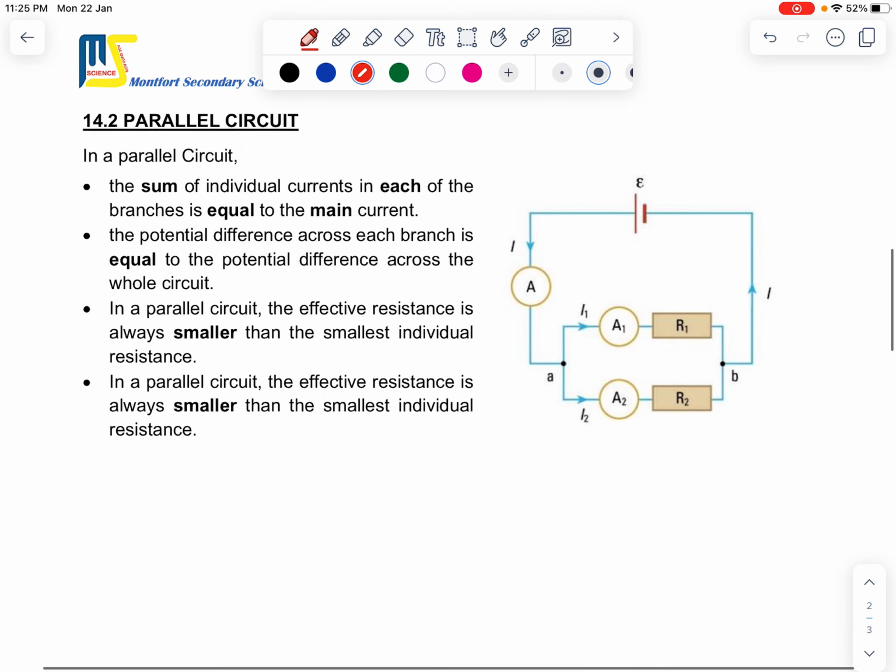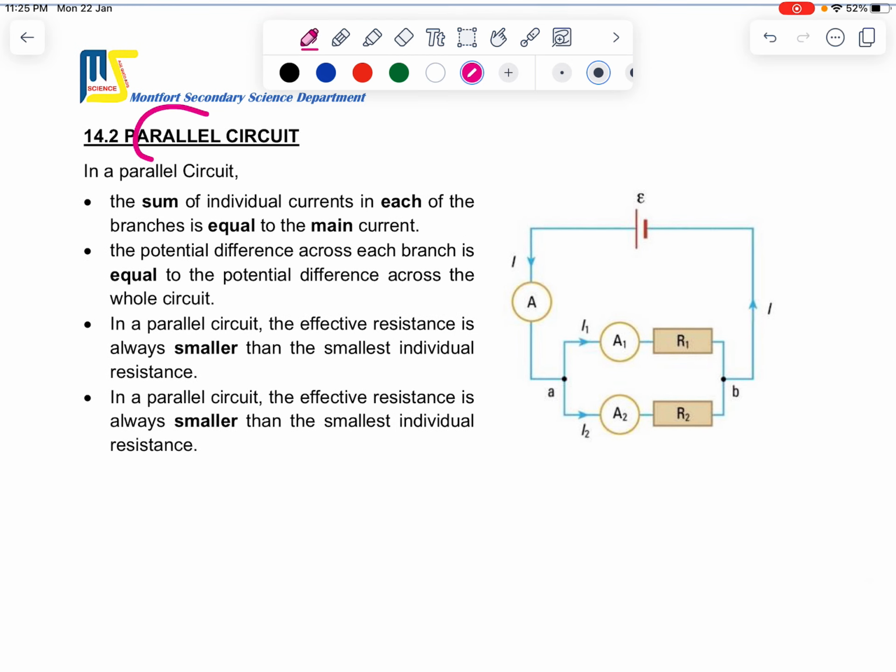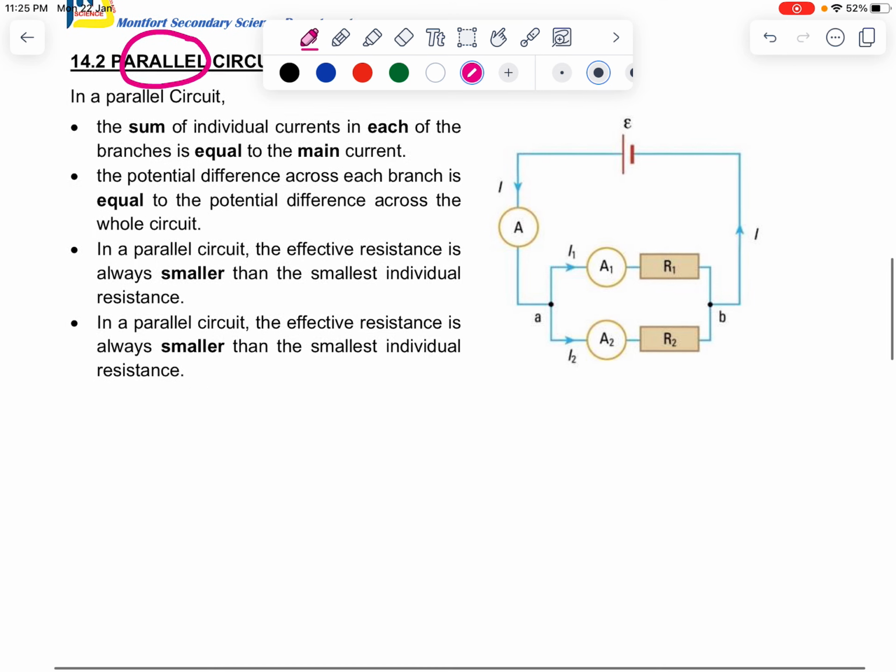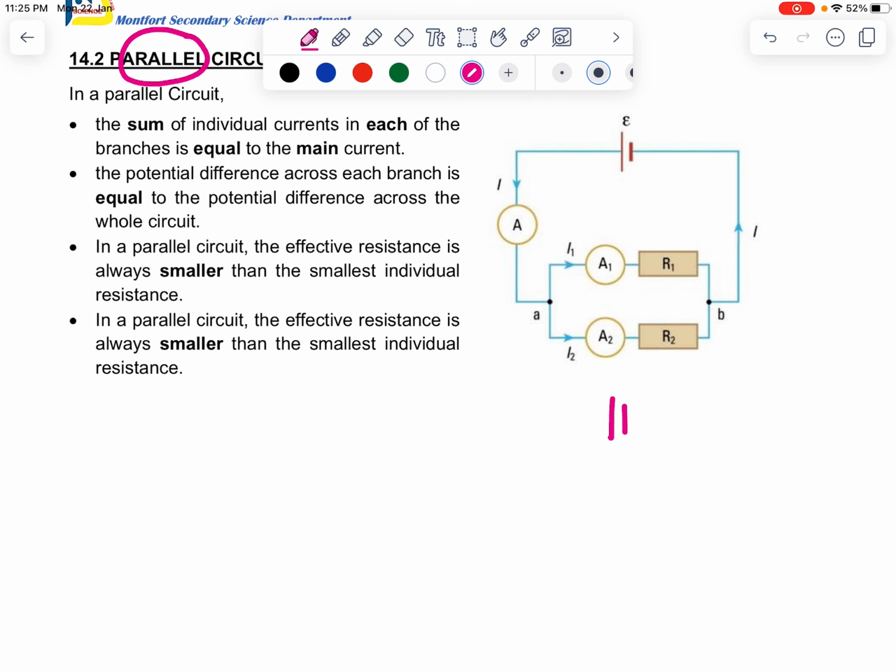Let's look at the parallel circuit. So let me redraw a parallel circuit for you. The battery, you can have one resistor, another resistor. Okay, so they are in parallel. First of all, for a parallel circuit, the current now is not the same throughout the circuit.